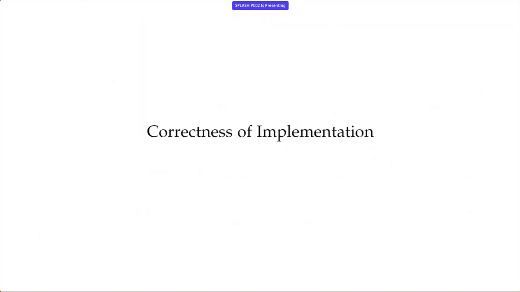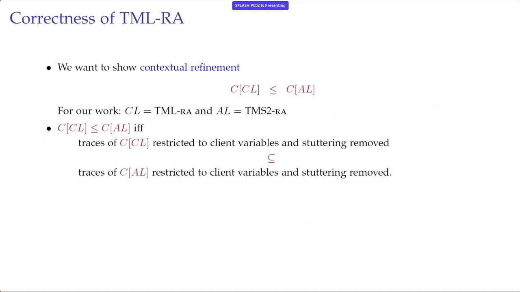Okay, and then there's the proof of correctness, and this is what actually took the longest. What we mean by correctness in this case is a notion of contextual refinement. Contextual refinement didn't really exist for weak memory until this paper. Well, it did, but not a full version of it anyway.